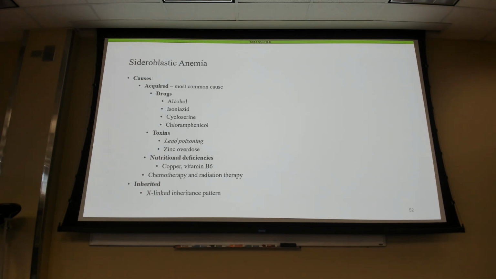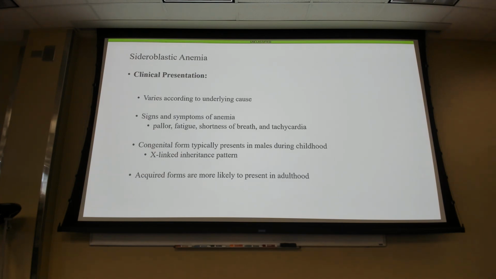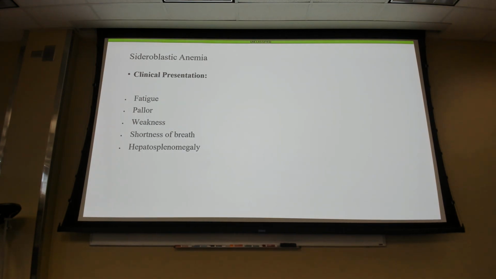If it's an acquired problem, then if I can figure out what the problem set is, I can probably reverse it. Presentation varies depending on the cause, but you've all seen this a million times by now. All these anemias kind of present the same.